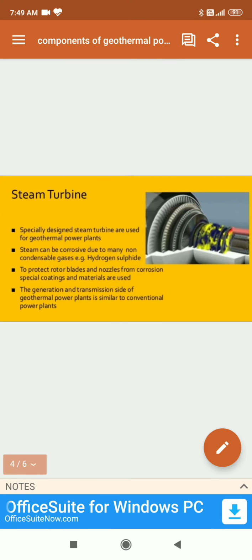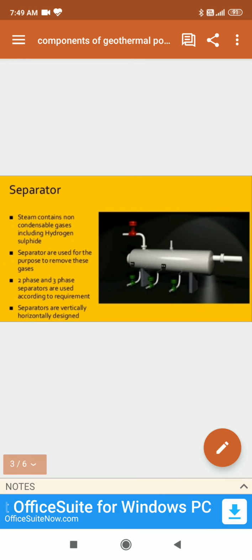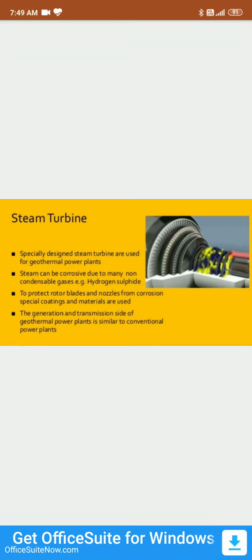Steam turbine. All of you know very well that the steam turbine uses high velocity, high pressure steam to rotate the turbine blades. When the turbine blades rotate, that mechanical work, the rotary motion of the turbine, is taken by the generator.